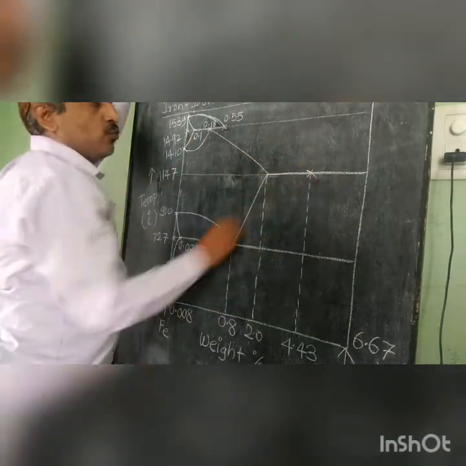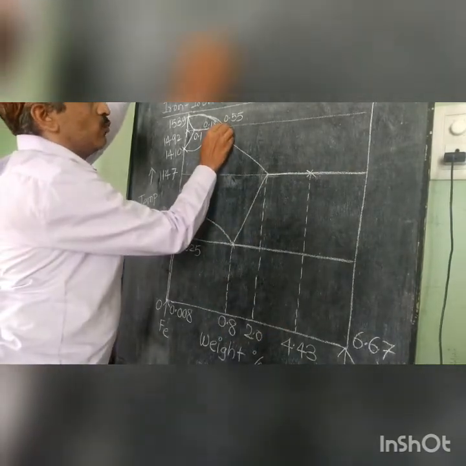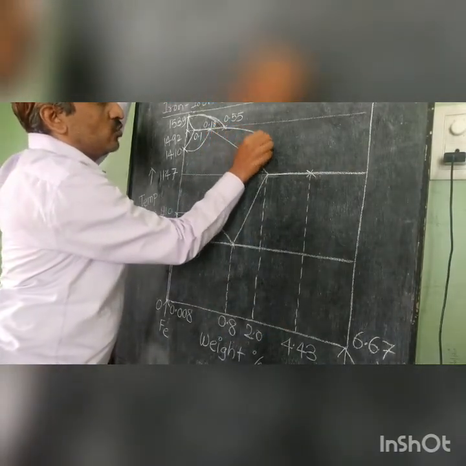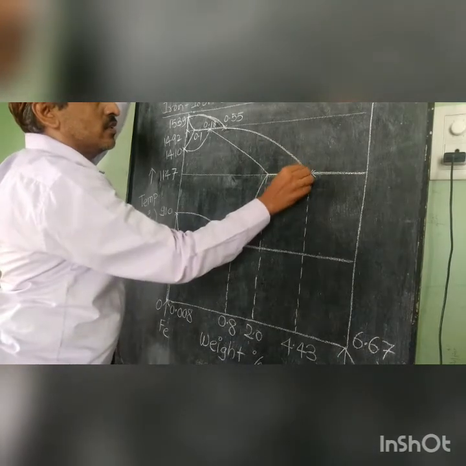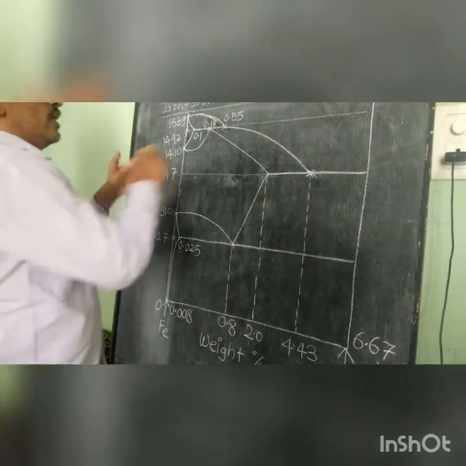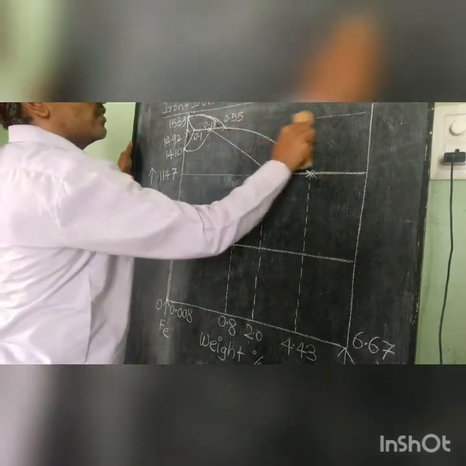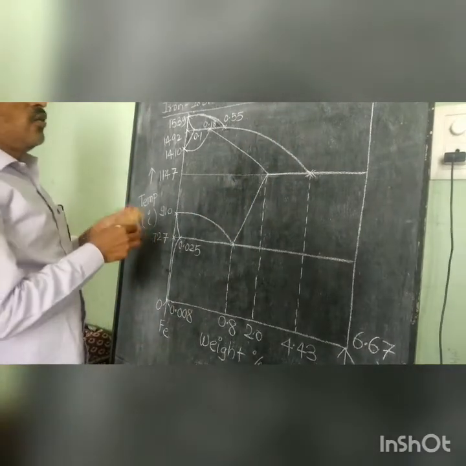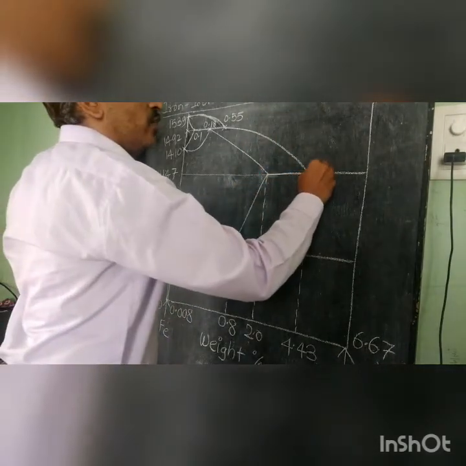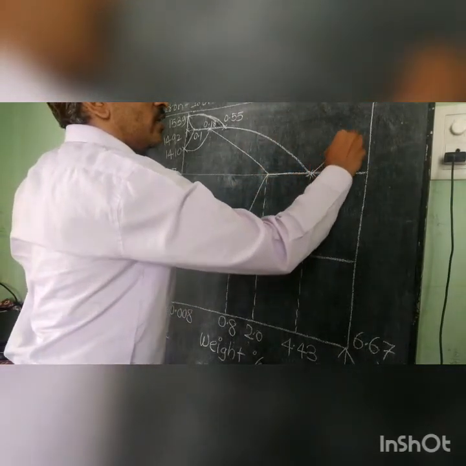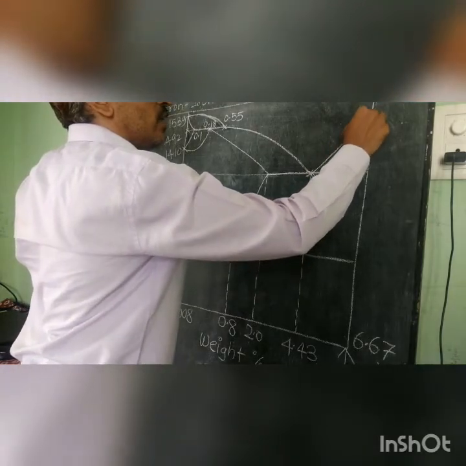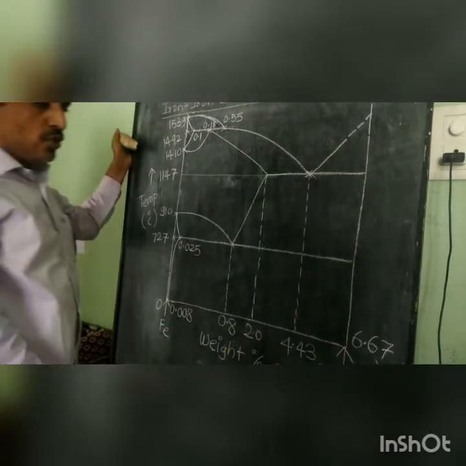Next, this is an important point, 4.43. From 0.55, join a line like this. Now this line is least important for us. You start from here with a 45 degree line, dark initially, and then you can draw a dotted line.